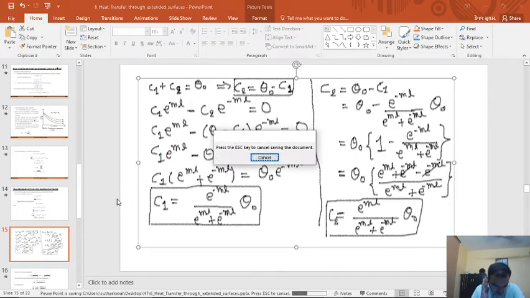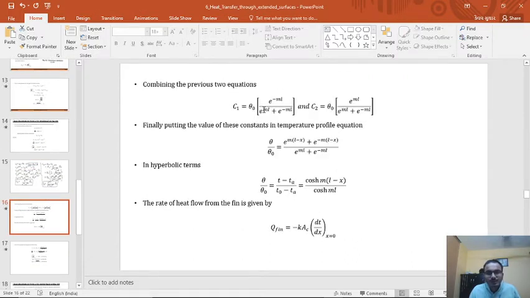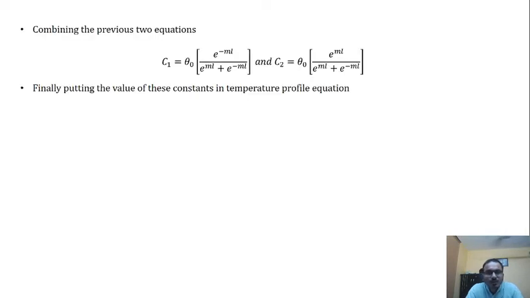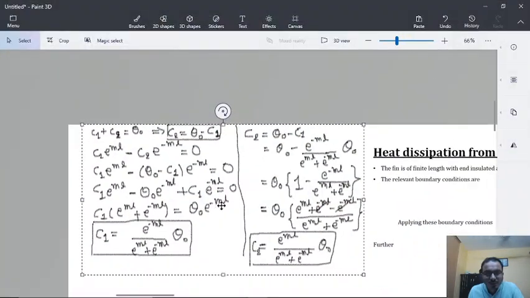So as now we have obtained the values of C1 and C2, and finally putting these values of the constants in the temperature profile equation, we will be obtaining this temperature profile. So this equation will also be derived again. We will go back to our board and we will continue.